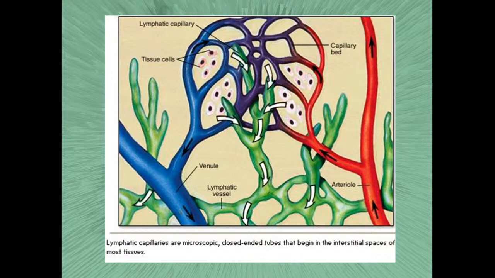In between the endothelial cells, some gaps, some spaces are present, and these spaces permit the exit of the liquid part of blood into the intercellular or interstitial space, and in this way the exchange occurs. Then this liquid part of blood, or interstitial fluid, will return back to the venous portion of the microcirculatory bed.